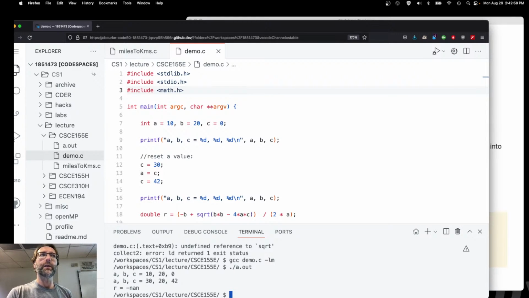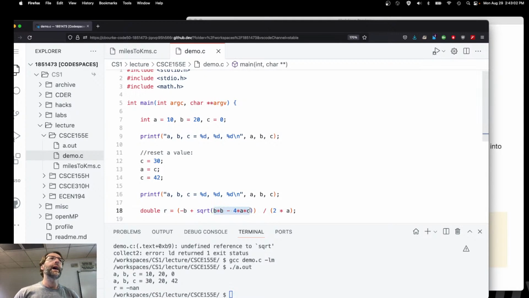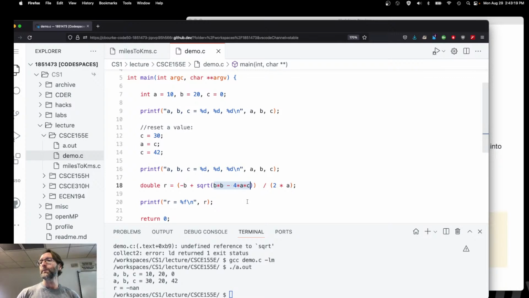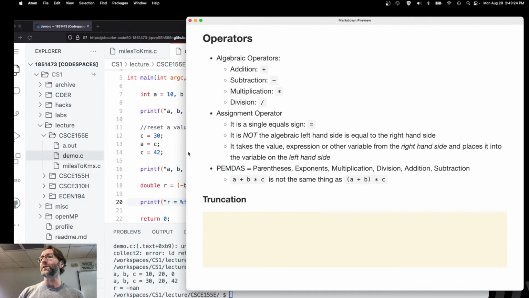That's going to be greater than 400. So in this radical right here, what do I have? A negative number. What is the square root of a negative number? It's imaginary. And imaginary numbers are not supported by native C code here. Right? Okay? So you do have some issues with those operations.